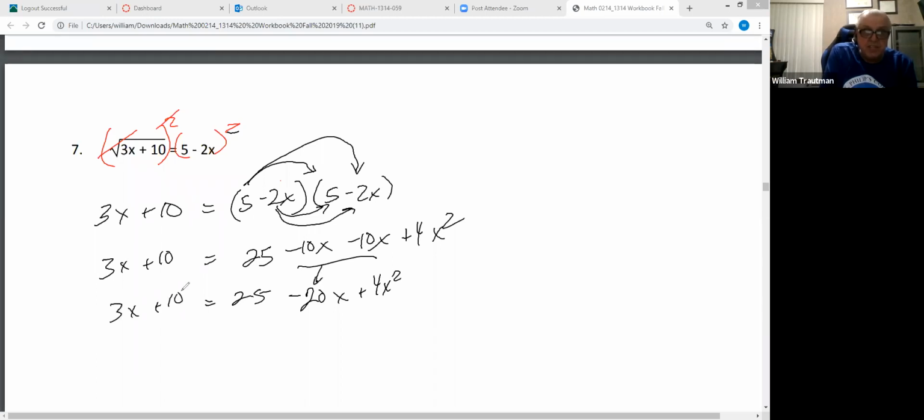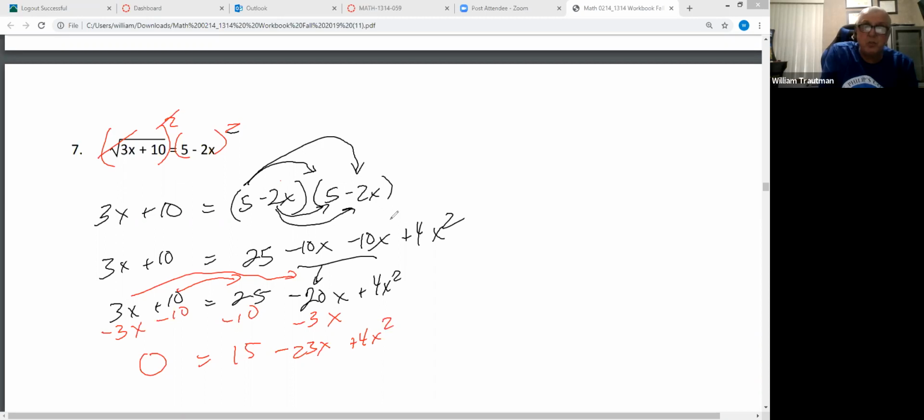And since I have an x squared, I need to take everything to the x squared side. The 10 needs to go over, and the 3x needs to go over. It's a plus 3x, so we minus 3x. I'm left with 0 equals 25 minus 10 is 15, negative 20 minus 3 is a negative 23x, and 4x squared.